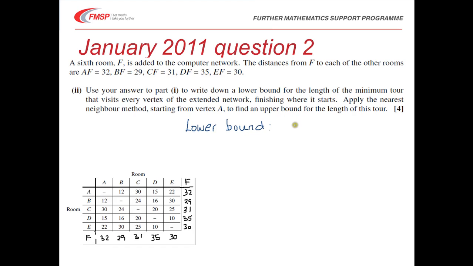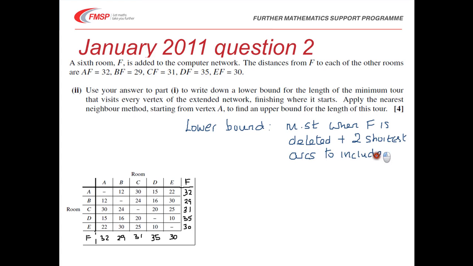The lower bound is going to be found by the minimum spanning tree when F is deleted, and then we need the two shortest arcs from F, so the ones that will include F in our network.